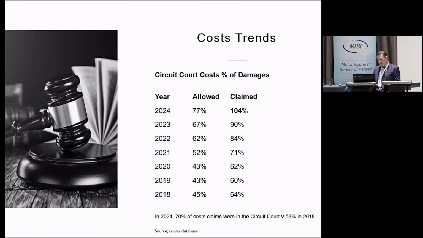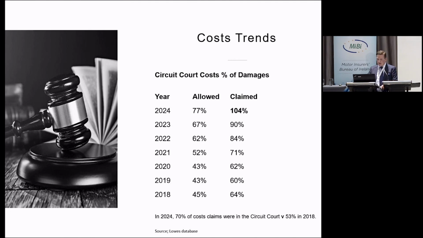So the slide that we're looking at here now is based on data that we have maintained over a number of years now. So for all cases, to the extent that we can, and I say that without offending any GDPR, we record outcomes, and we record amounts that were claimed.